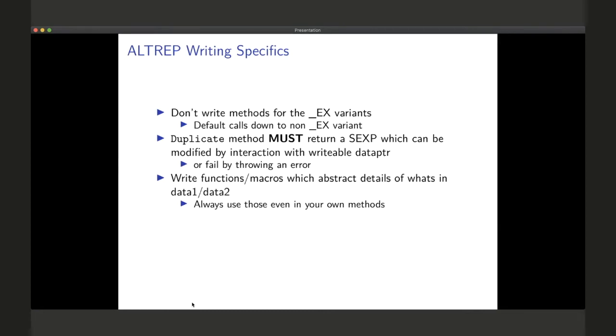And all of the examples internally, if you go into src/main/altrep classes.c in the R source code itself, those are all of the internal R altrep classes. That's where they all live, and you'll see this behavior there as well.